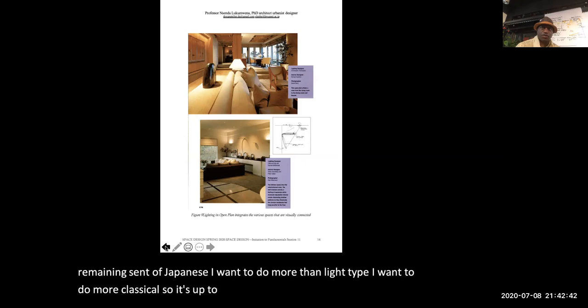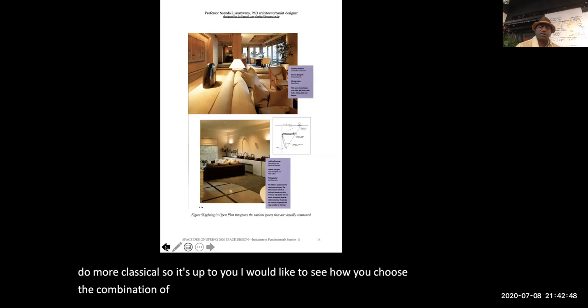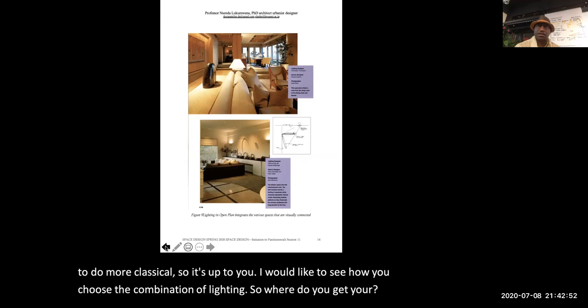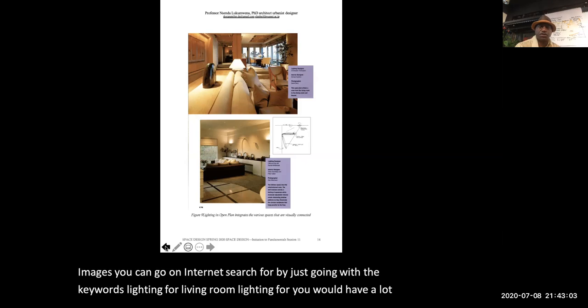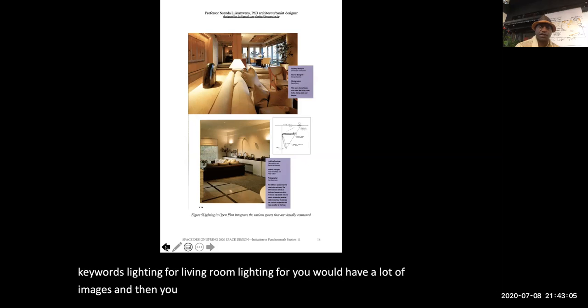And I would like to see how you choose the combination of lighting. So where do you get your images? You can go on the internet and search by just using keywords, lighting for living room, lighting for, and so on. You would have a lot of images, and then you choose from those images.